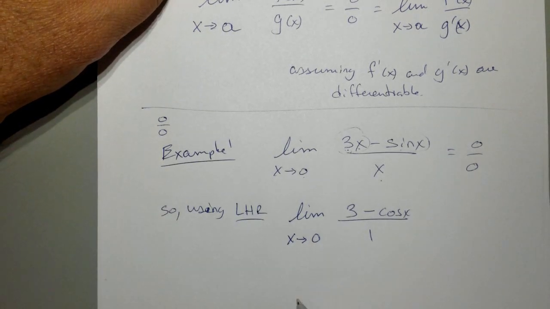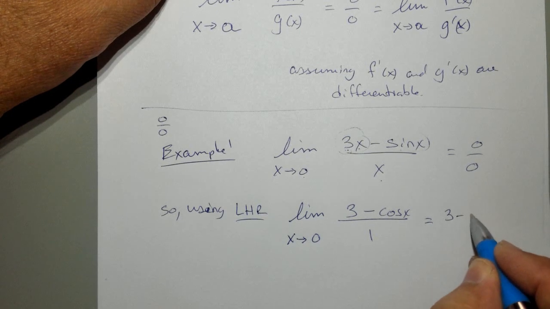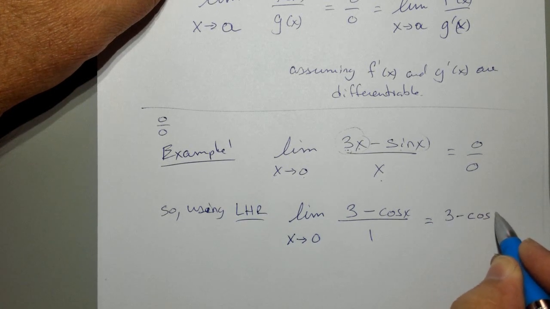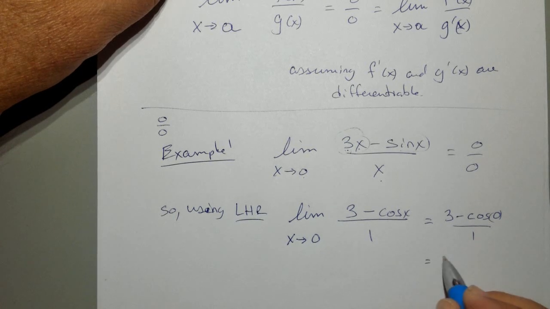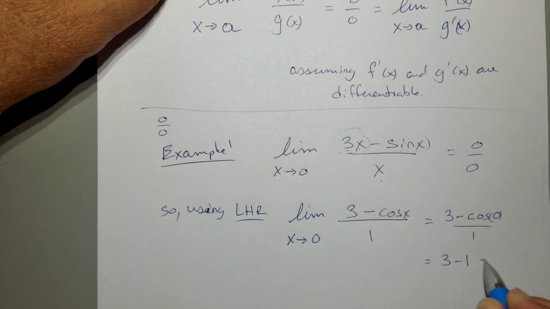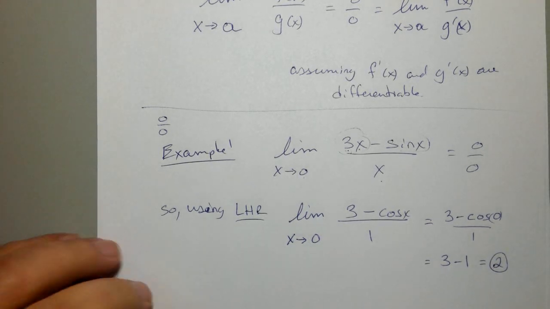Now we put in our limit point. 3 minus cosine of 0 over 1. 3 minus 1 is 2. That's the limit.